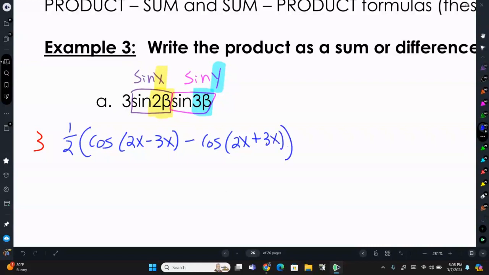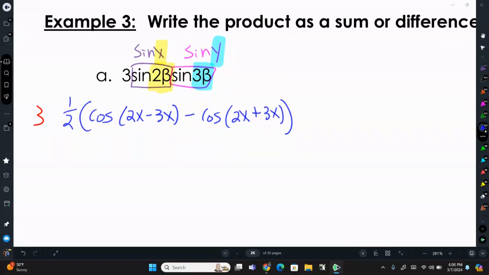Close parentheses, close parentheses. So that 3 gets multiplied, so it's going to be 3 over 2 times the cosine of 2x minus 3x is negative x, minus the cosine of 2x plus 3x is 5x.